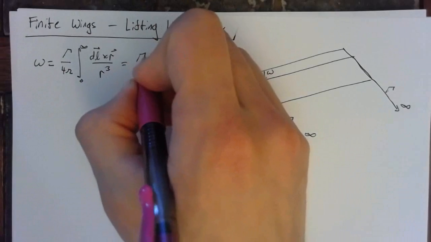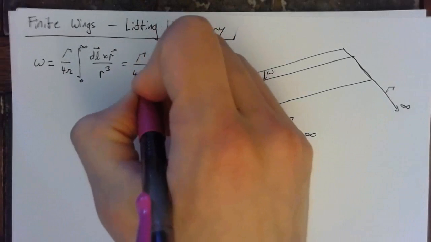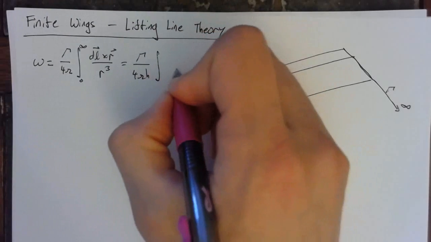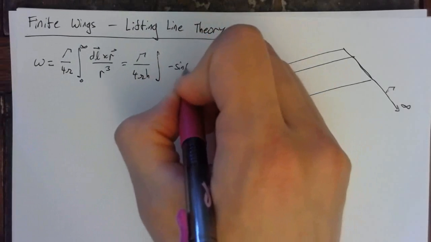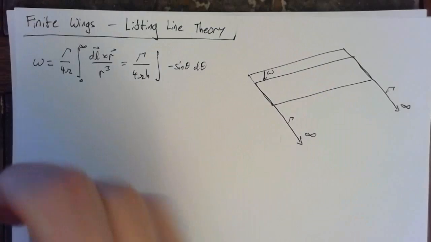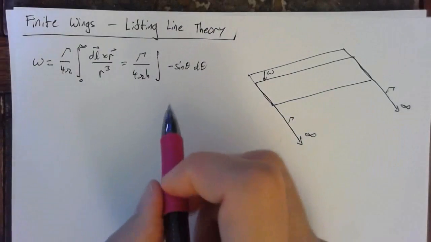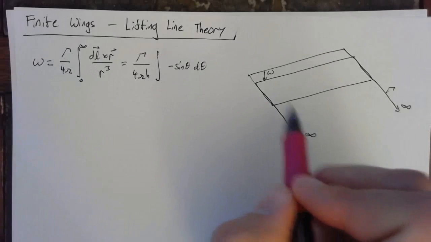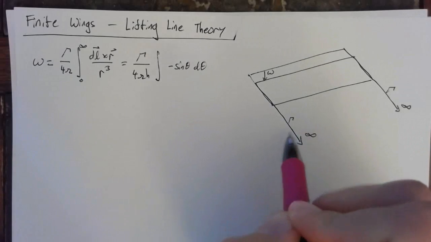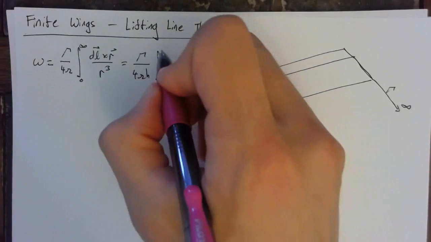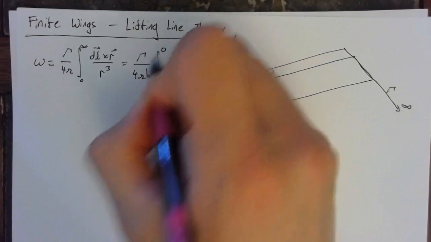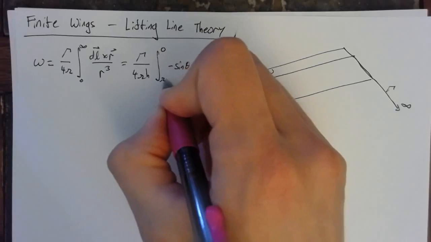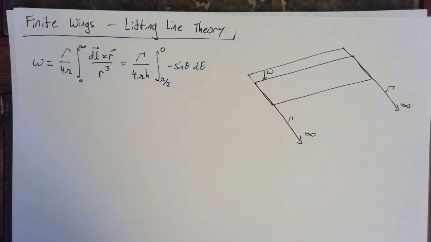And remember that we rewrote this as gamma over 4 pi h times the integral of negative sine theta d theta. But before we integrated from negative infinity to infinity, and now we're just going from 0 to infinity. So infinity is going to stay the same. Infinity stays at theta equals 0. But 0 is going to be theta equal to pi over 2.